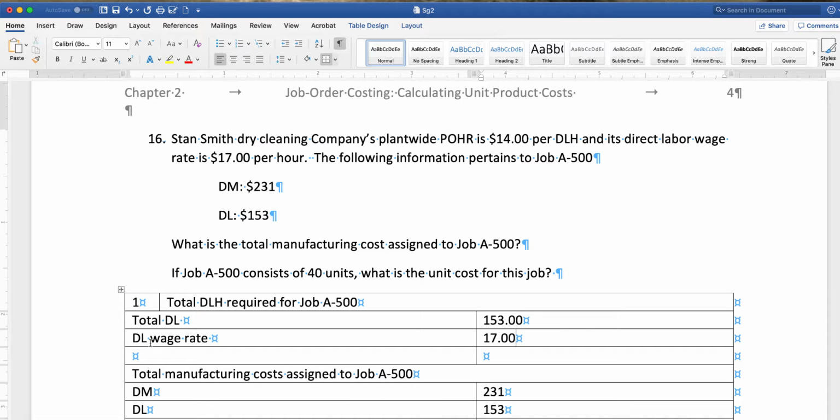If I divide my total cost by the unit cost, that should give me the number of units that I used, right? So to figure out the direct labor hours, I take my total cost divided by my rate per hour. So 153 divided by 17 gives me 9 hours. Okay?